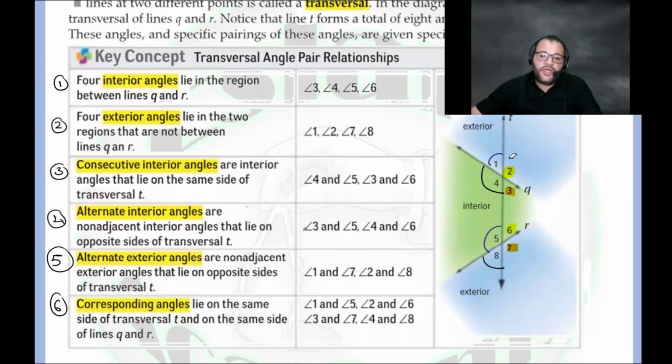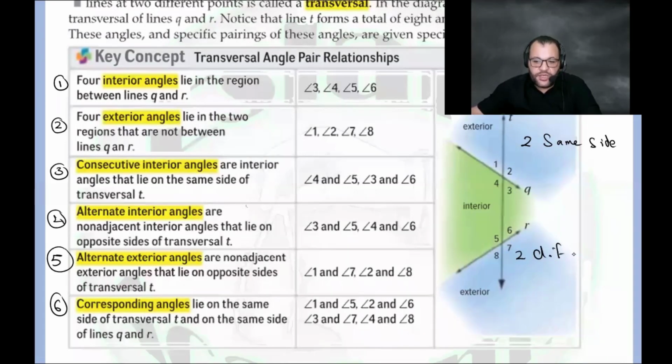Now we need to know the meaning. We have 2 types that lie on the same side of the transversal, and 2 types that lie on 2 different sides of the transversal.